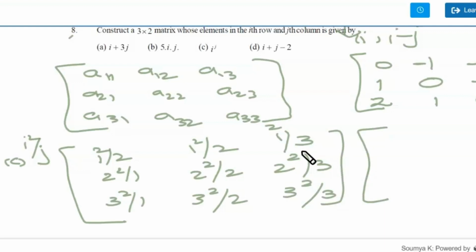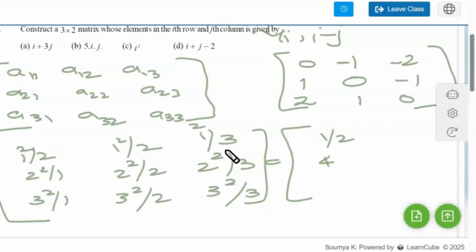Here the result will be 1 by 2, 4 and I square by 1. Okay, it is 1 square by 1.